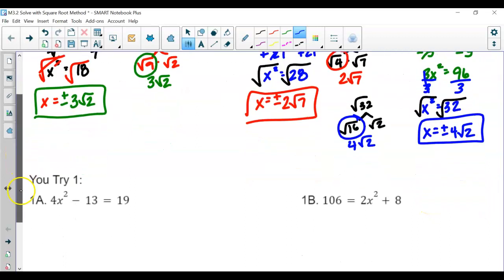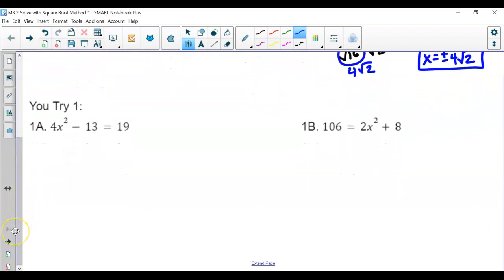So go ahead and pause the video now and try the 2 u-tries here on your own. And here we go. So again, solving for x here, we're going to add 13 to both sides. I've got 4x squared is equal to 32. So now what do we do? Divide both sides by 4.